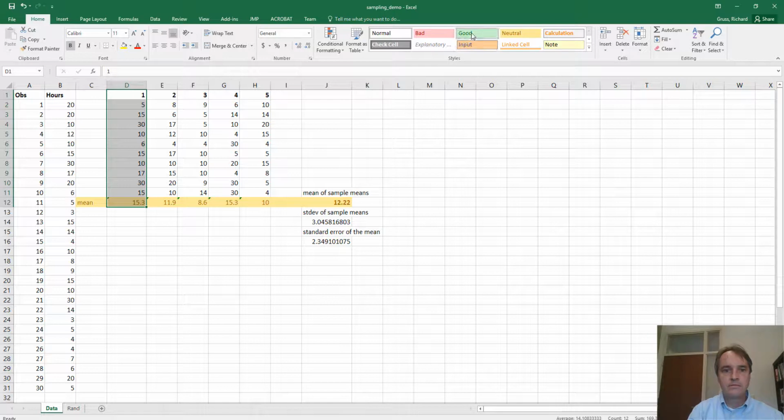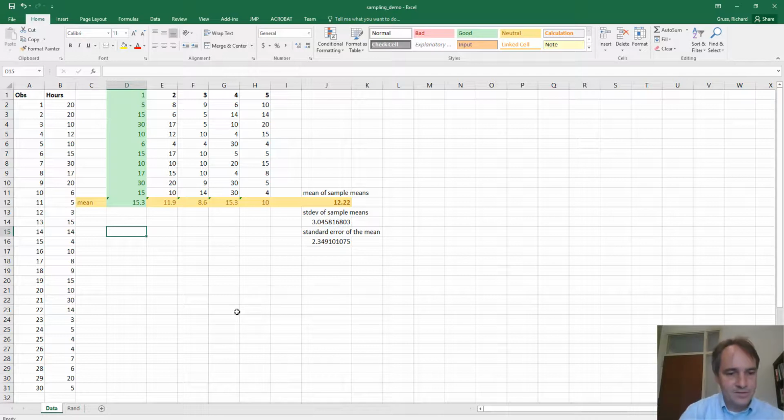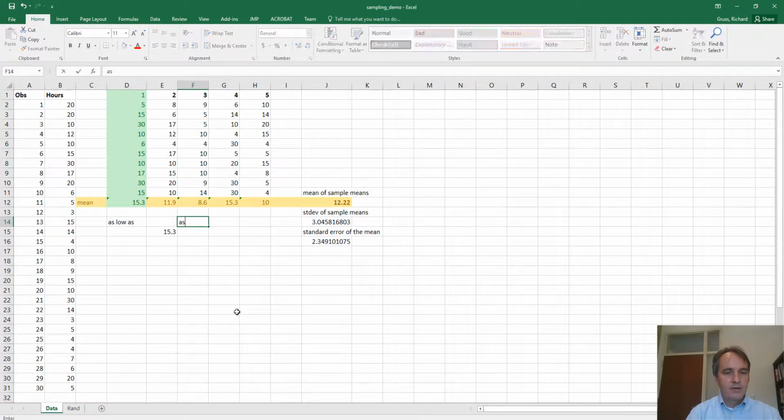We've drawn one single sample, and so we wound up with 15.3. And so we have an estimate, a point estimate of 15.3, and we want to say, okay, it can be as low as something, and it could be as high as something else, okay?